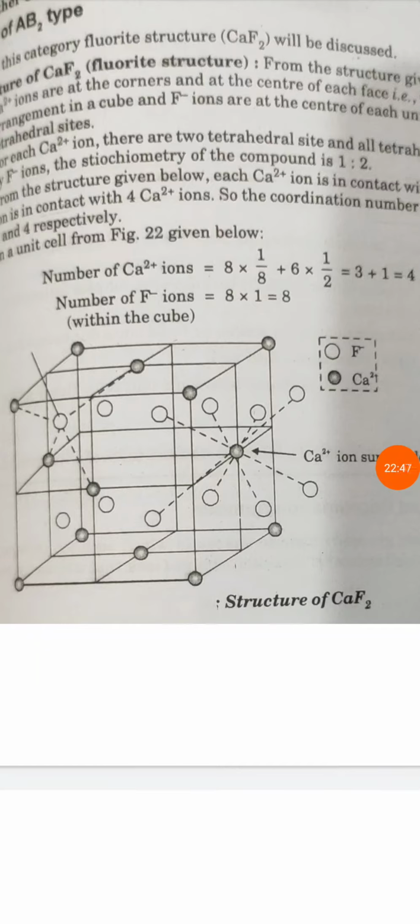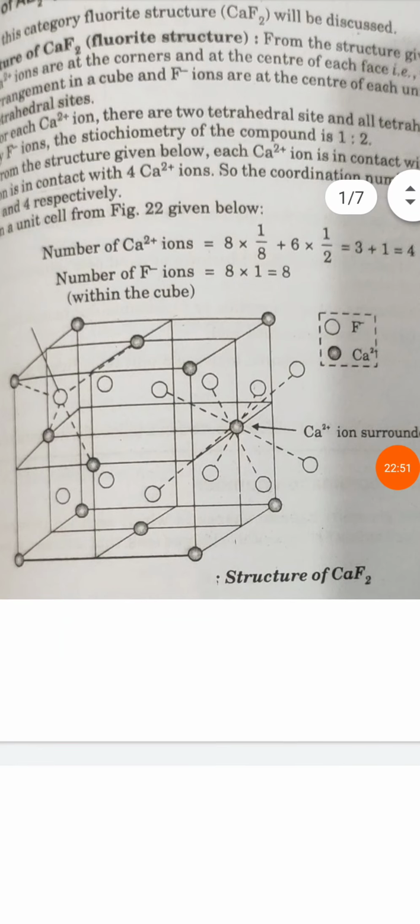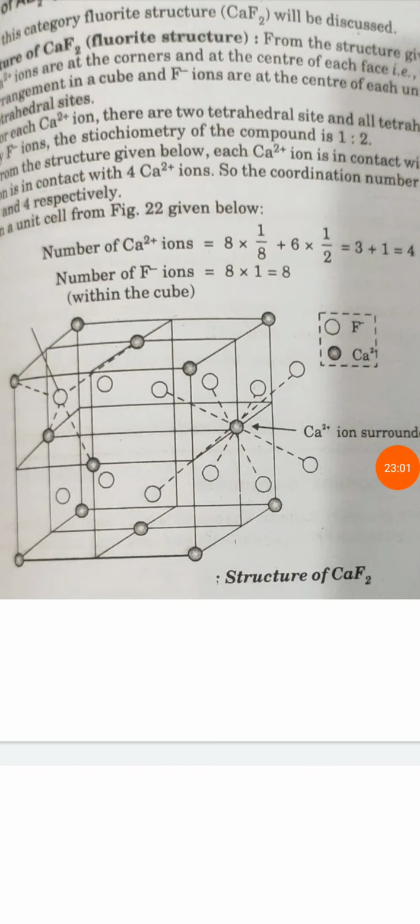If the limiting radius ratio is 0.155 to 0.225, then the coordination number is 3 and it will be triangular, and an example is B2O3. And if the limiting radius ratio is less than 0.155, then the coordination number will be 2 and the structure will be linear.